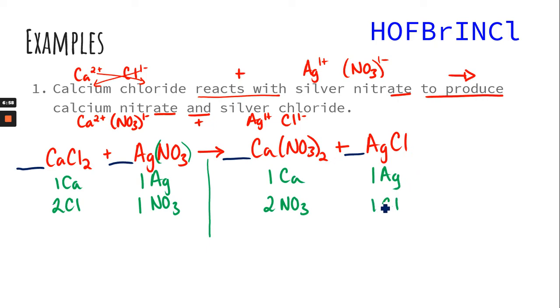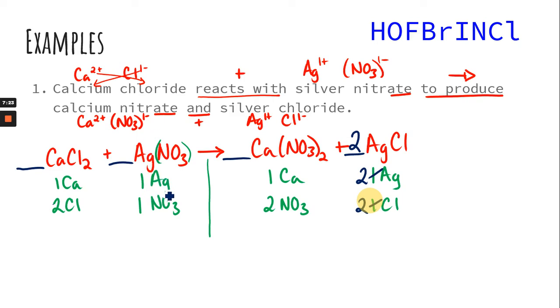I take the smaller value, which is 1, and ask what I can multiply it by to make it equal to the bigger value. If I put a coefficient of 2 there, I'm doubling everything in this compound. So 2 times 1, 2 times 1. Now my chlorines match. Calcium matches 1 and 1. Chlorine matches 2 and 2.